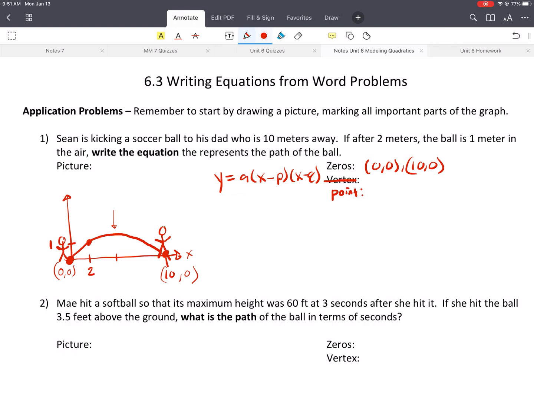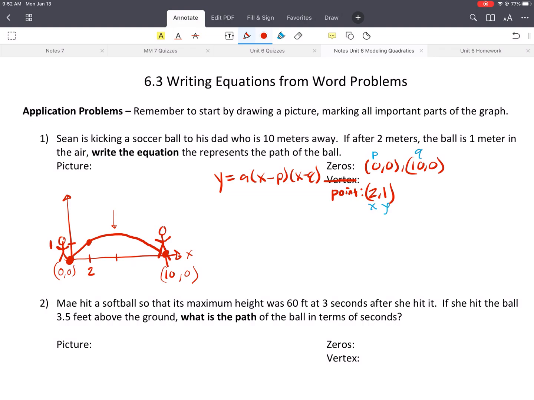We can't use the same points that we used for the x-intercepts, but they do give us a point of 2, 1. That's where the ball is. 2 meters after he kicked the ball, it's 1 meter in the air. So if we want to label those, just like we did before, this would be our P, this could be our Q, and this would be an X and a Y. Plug all that information in.